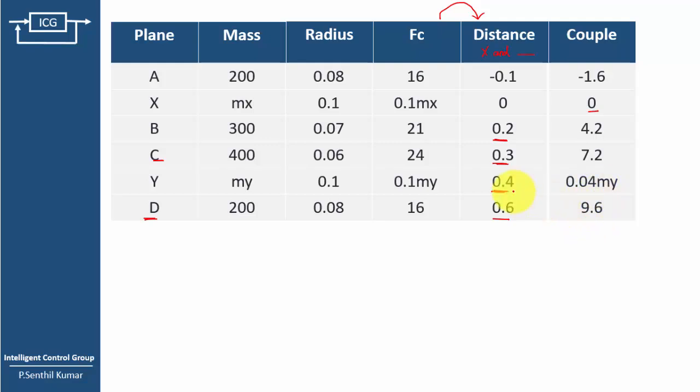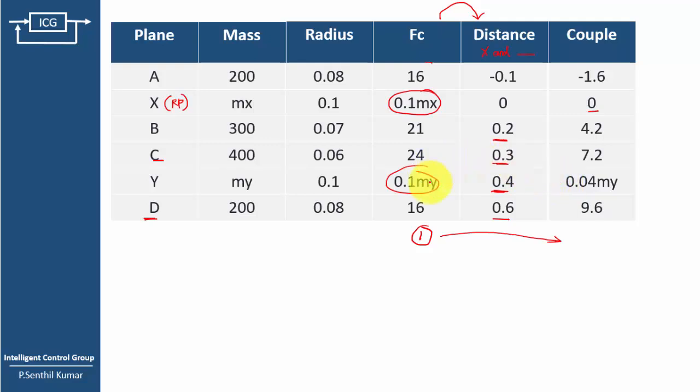Now I will tell you why I chose X as a reference plane. Our ultimate aim is, see here I have two unknowns, but this column represents one equation. So when I move from force to couple, I need to reduce these two unknowns to one unknown.